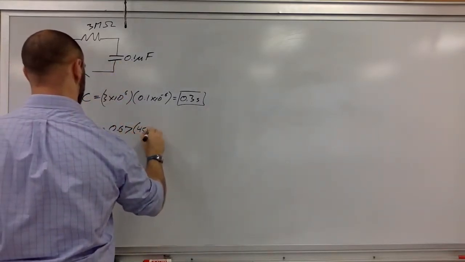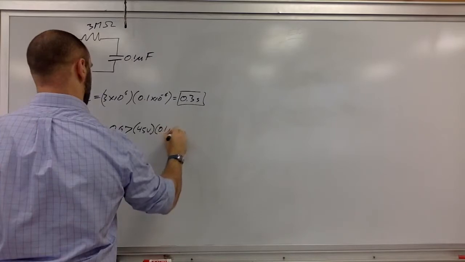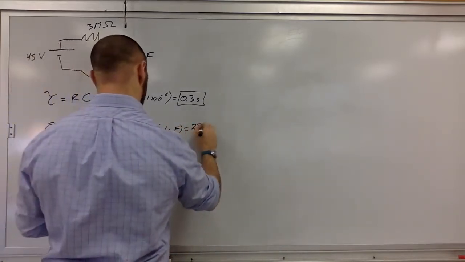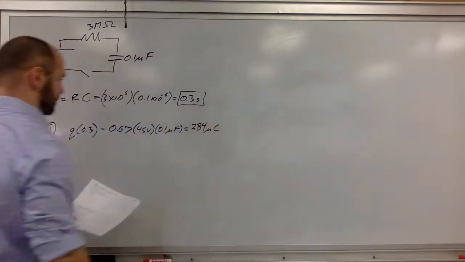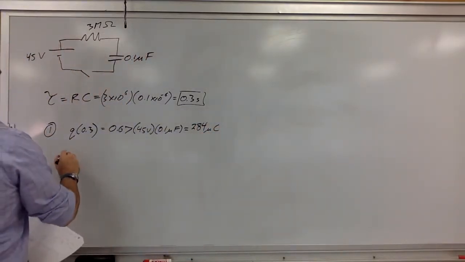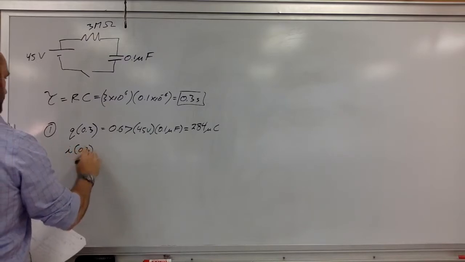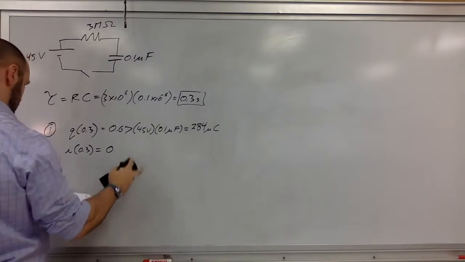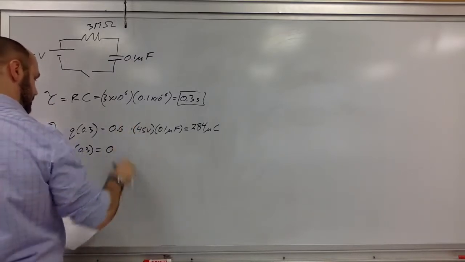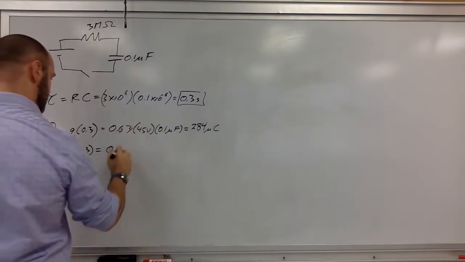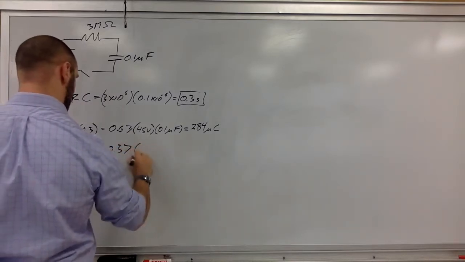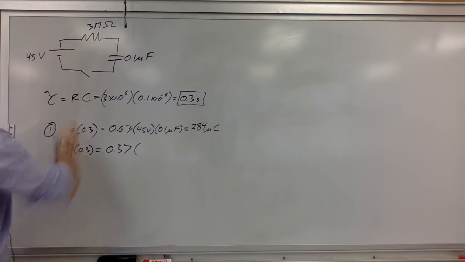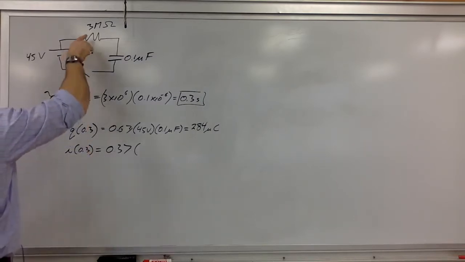So it's 45 volts times 0.1 microfarads. And I think the answer turns out to be 284 microcoulombs. The charge after one time constant will be 63%. Sorry about that. And this will be 0.37. And the current, the maximum current, is going to be given by V over R.